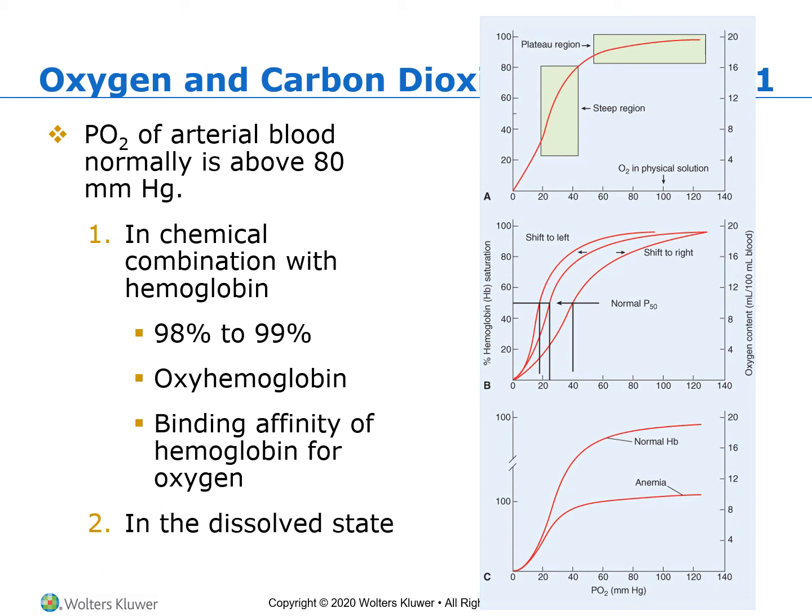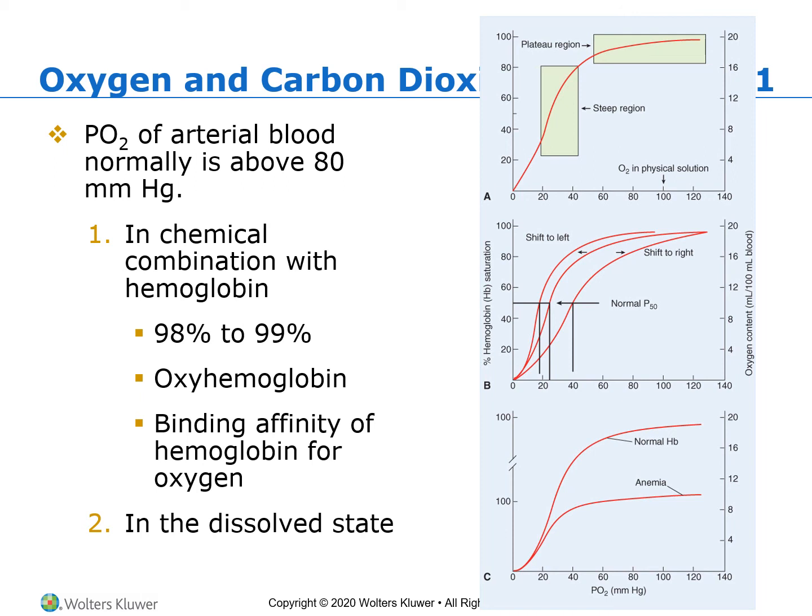The boxed area represents the effect of body temperature, for example, and arterial PCO2 and pH on hemoglobin affinity, represented by that left side change or right side change.